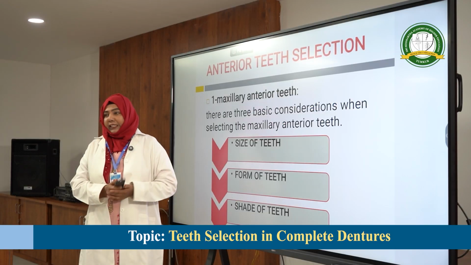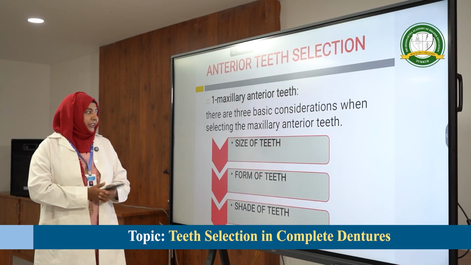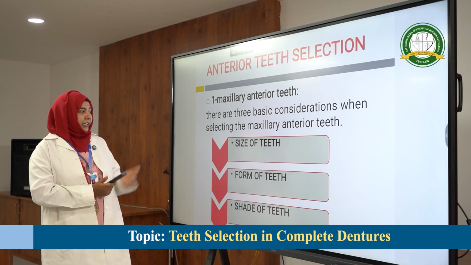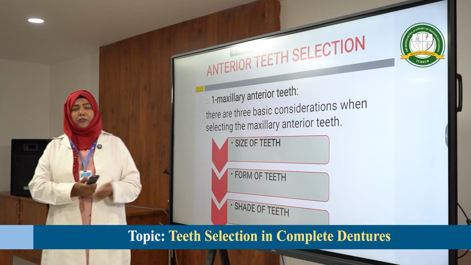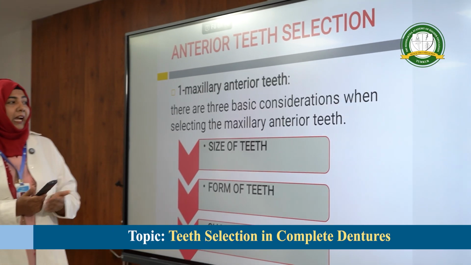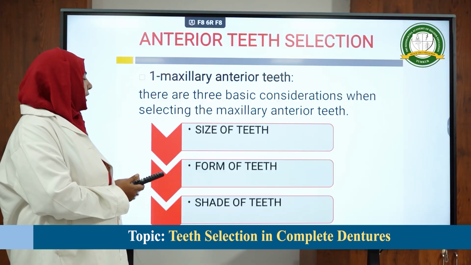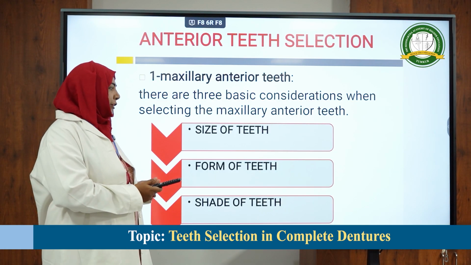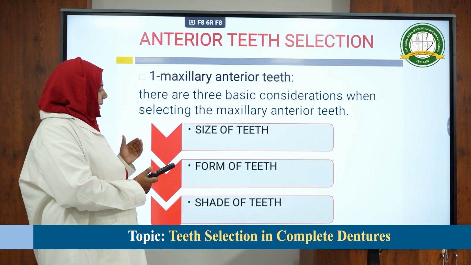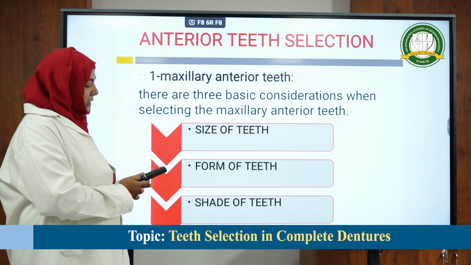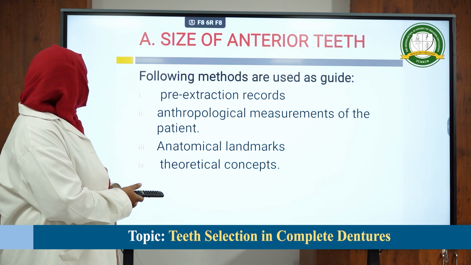So, how to select the anterior teeth? There are 3 basic considerations while selecting the artificial teeth: you have to consider the size of the teeth, the form of the teeth and the shade of the teeth. So, let us see how to select the first factor, that is the size of the teeth.